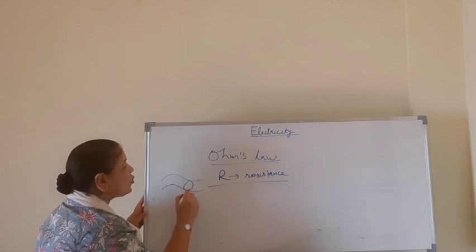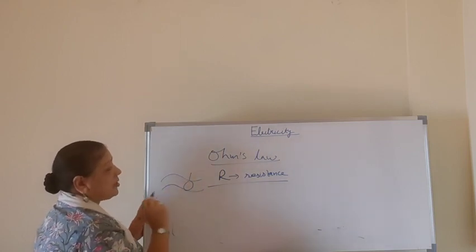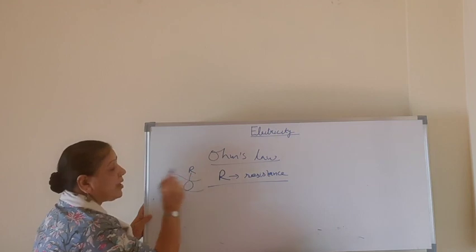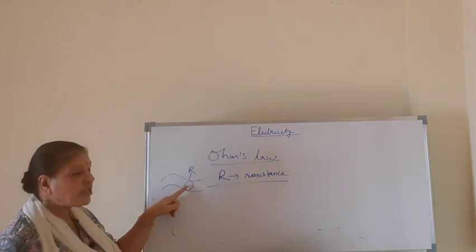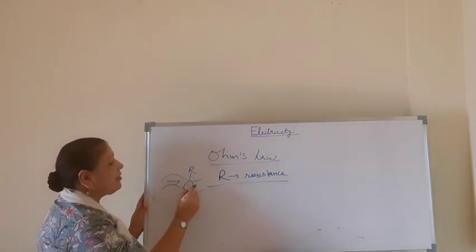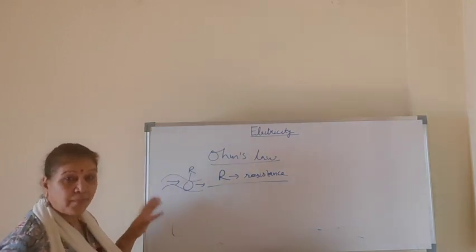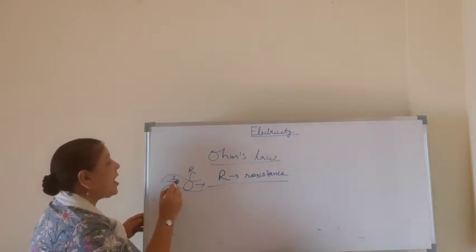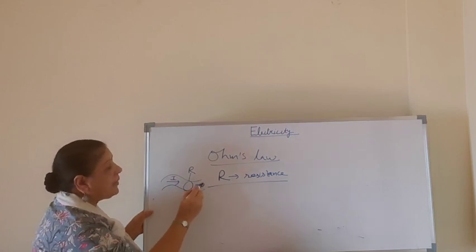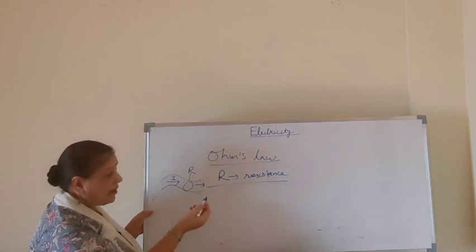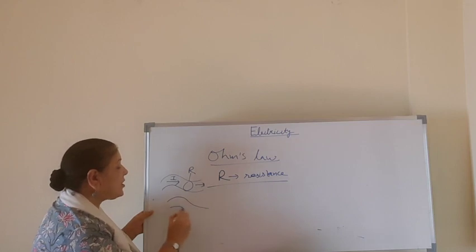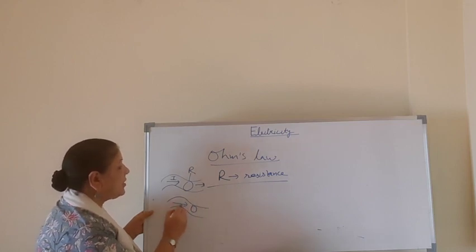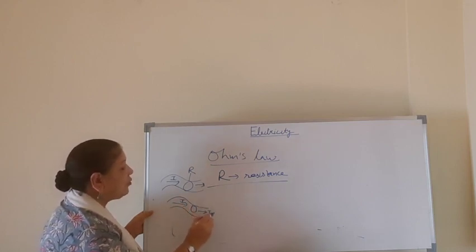If there is a stone in it, just assume this obstruction is R. If the obstruction is big, on the other side we will not get the proper flow. Assume this flow is I. If the obstruction is big, we are going to get less I on the other side. If the obstruction is small, we are going to get enough I on the other side.